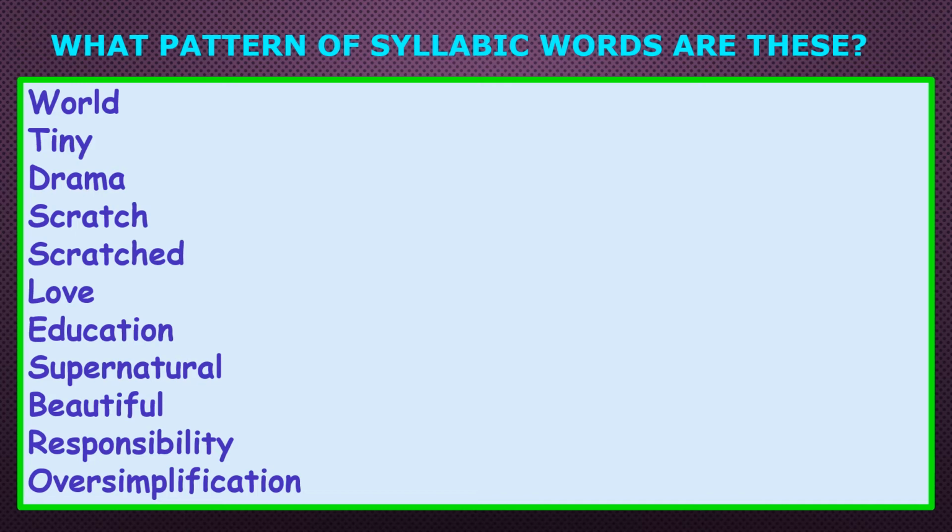So the first word we have: world, tiny, drama, scratch, scratched, love, education, supernatural, beautiful, responsibility, oversimplification. That's quite long. Oversimplification. How many syllabic words are these? When you write the syllabic words, I want you to also write the number of syllables in each of them.